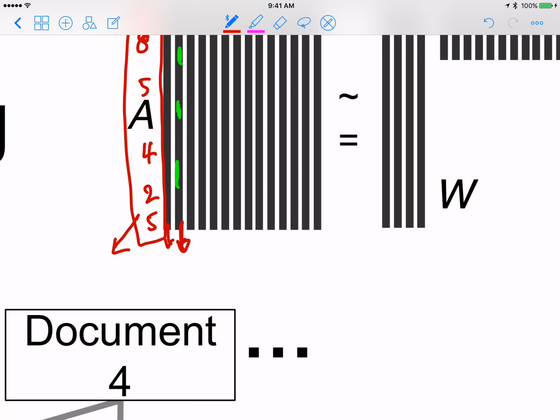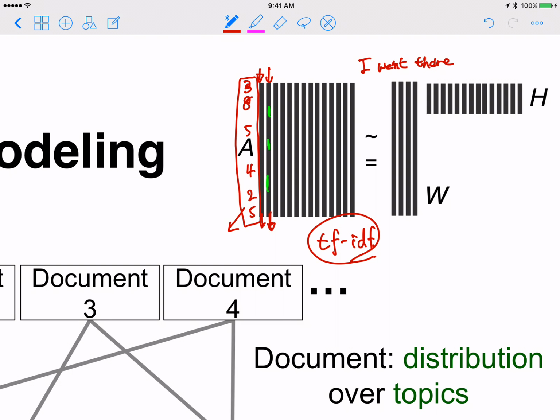And then additionally, we can do other normalization such as TF-IDF. TF-IDF is another kind of pre-processing step that boosts the frequency of rare keywords. In this case, it is not about column-wise normalization. It is about row-wise normalization, right?